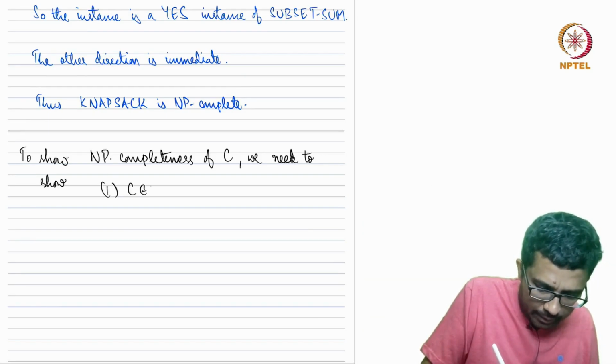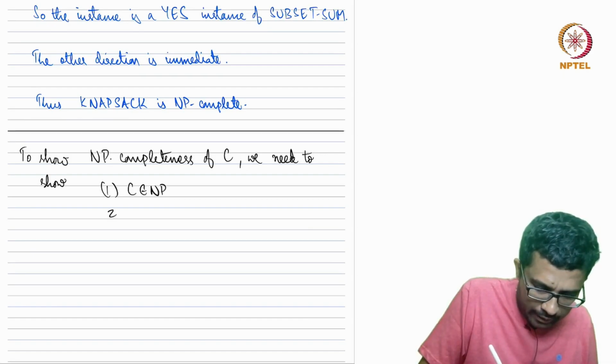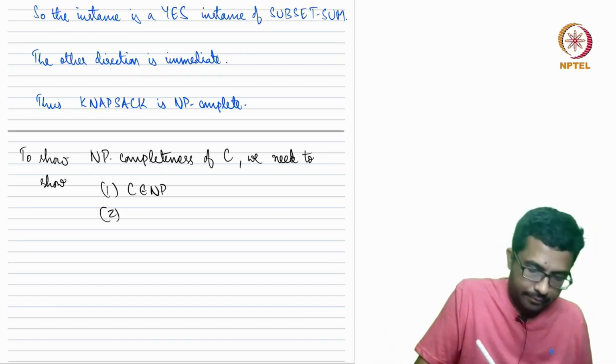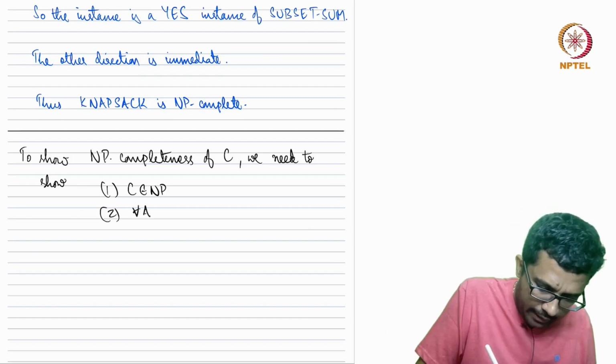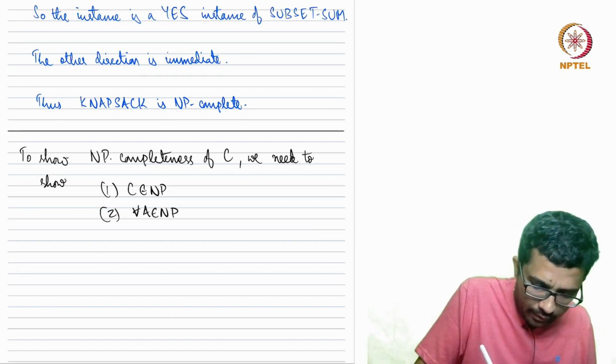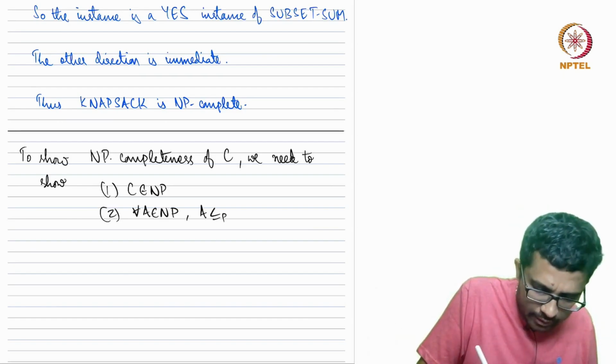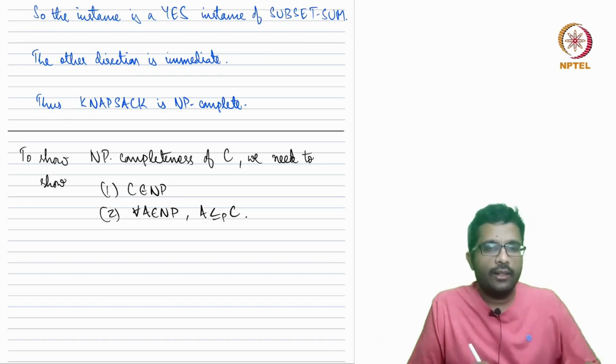One is that C is in NP. Two is that for all A in NP, A reduces to C in polynomial time.